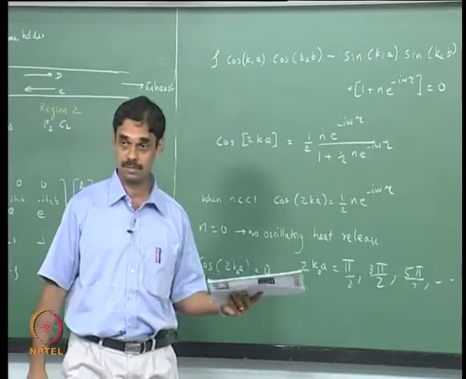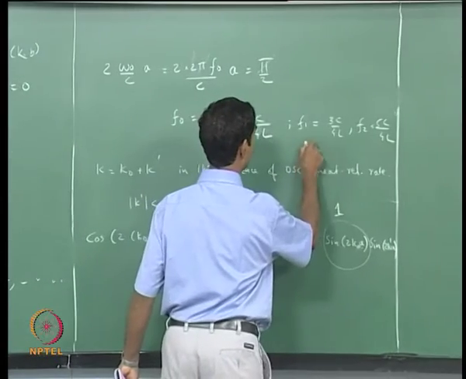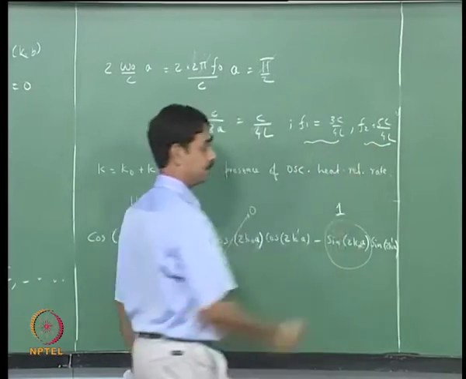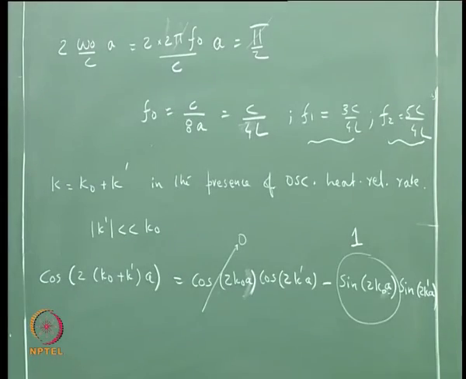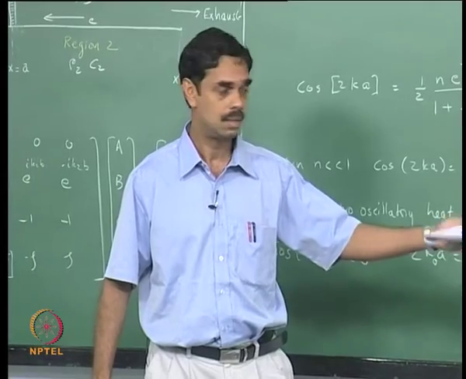Yes, I am doing the first mode for k naught. If you look for 3 pi by 2, you will get f1, f2 will be 3c by 4L, and we can work out. I will work out the quarter mode and we will give the 3/4 mode as homework. But what about the sign? You said minus? This is okay.